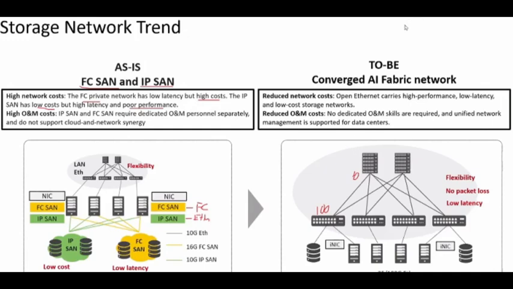And it seems the 2B or the Converged AI Fabric is mainly aimed at data center environments, because less and less people are actually building SAN environments anymore. More and more people are moving towards the cloud. This is just how it currently is, right?